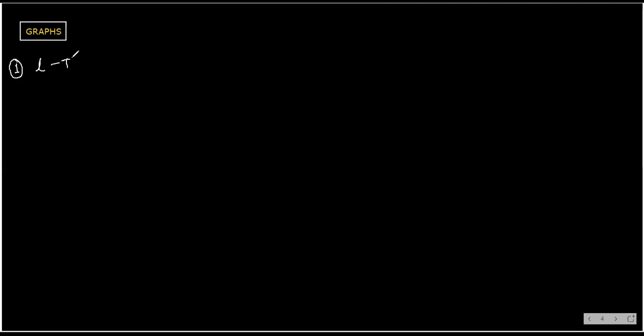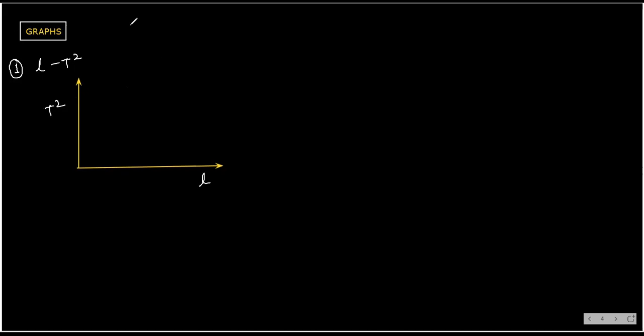If we plot the graph, that is L versus T square, what happens and what can we calculate from this graph? Let's see. I am taking L on x-axis and T square on y-axis. This is L and this is T square.